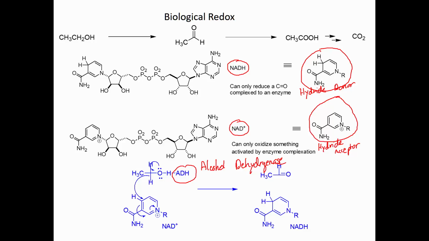A complex with the enzyme forms, and this activates the system to transfer its hydride to NAD+, and this becomes NADH, and in the process, our CO single bond becomes a CO double bond.